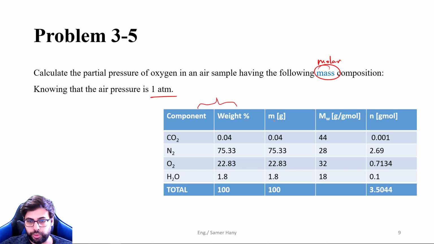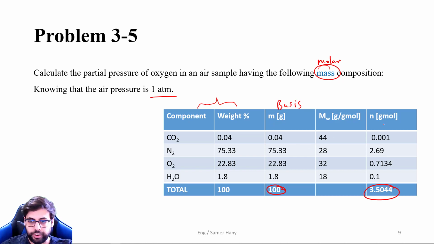Just like last time, we've taken a basis of 100 grams, and as discussed last time, this can be any amount, the sample that we take, because we'll just need to know how many molecules or moles are present in that particular sample. So it's always a ratio. It won't matter if you take a bigger sample or a smaller sample. And then we get the number of moles just like last time. All right, so what do we need from this table?